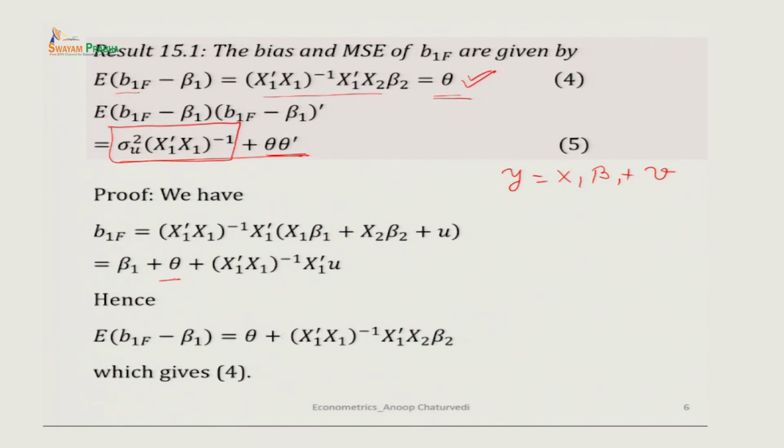So, you get theta here plus X 1 transpose X 1 inverse X 1 transpose u, the last term. Now, if you take expectation, we take beta 1 towards the left hand side, then expectation of b 1F minus beta 1 is equal to theta, which is X 1 transpose X 1 inverse X 1 transpose X 2 beta 2. Now, this gives the equation 4 or result 4.